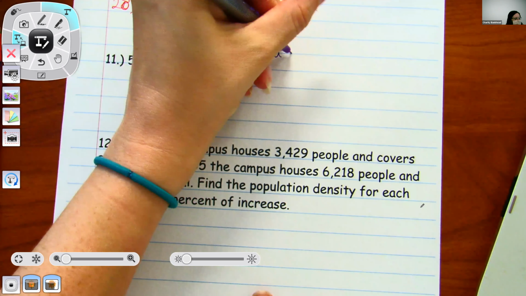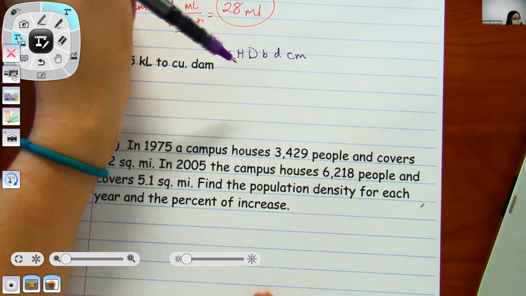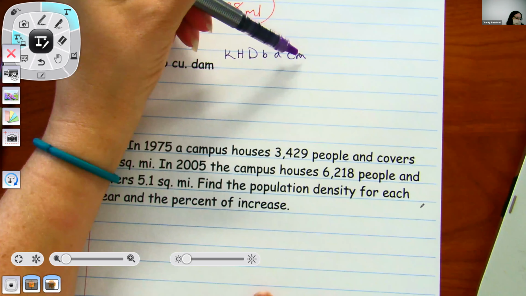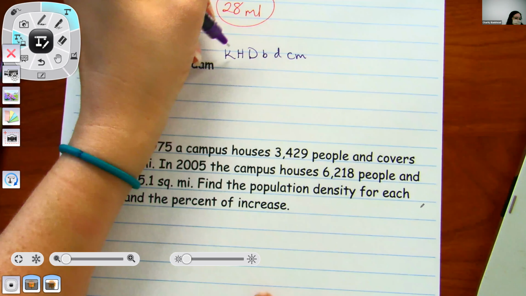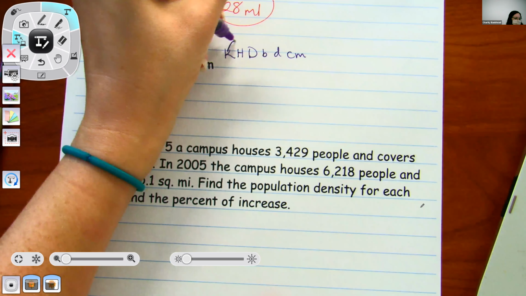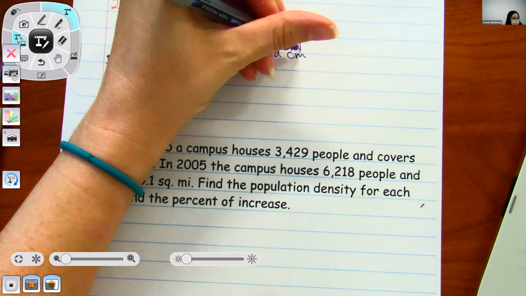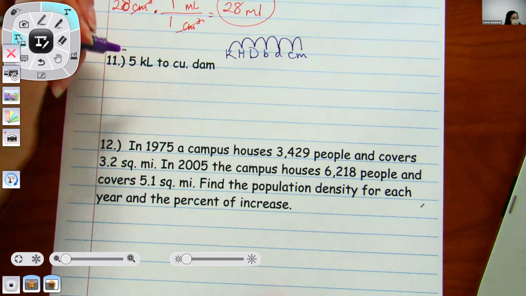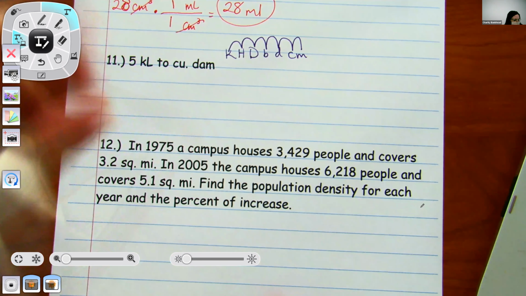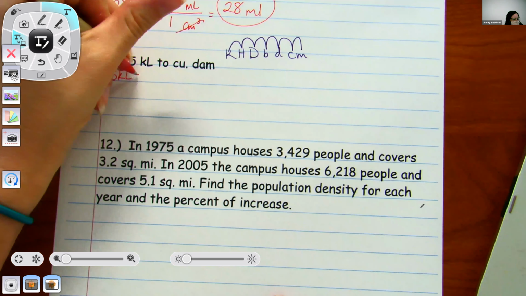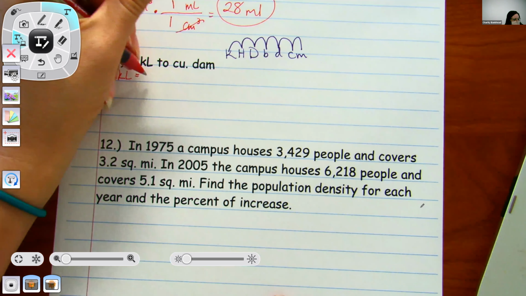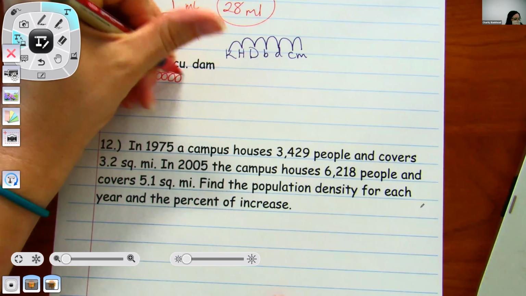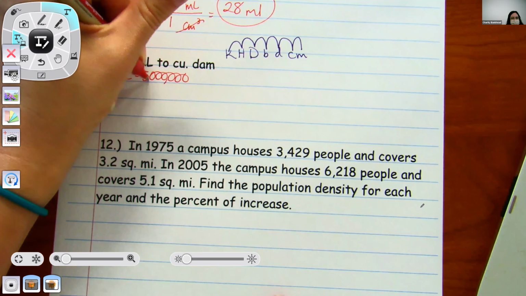If we want to go from kiloliters to milliliters, we move the decimal point 1, 2, 3, 4, 5, 6 times to the right. So basically we're adding on 6 zeros. So 5 kiloliters equals 5 million milliliters.